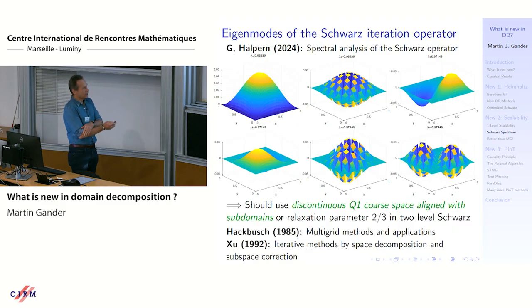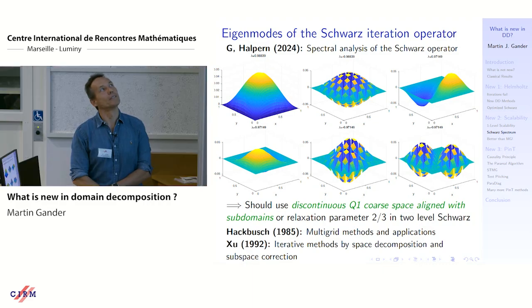If you look at such a decomposition where we decompose a square into, like, say, 8 by 8 subdomains, we run a Schwarz method on this, and we look in the spectrum for which are the modes that converge the most slowly. It's for a Laplace problem. Then the first mode, the most slowly convergent mode, is an eigenmode of the Laplacian. But it just looks like an eigenmode.